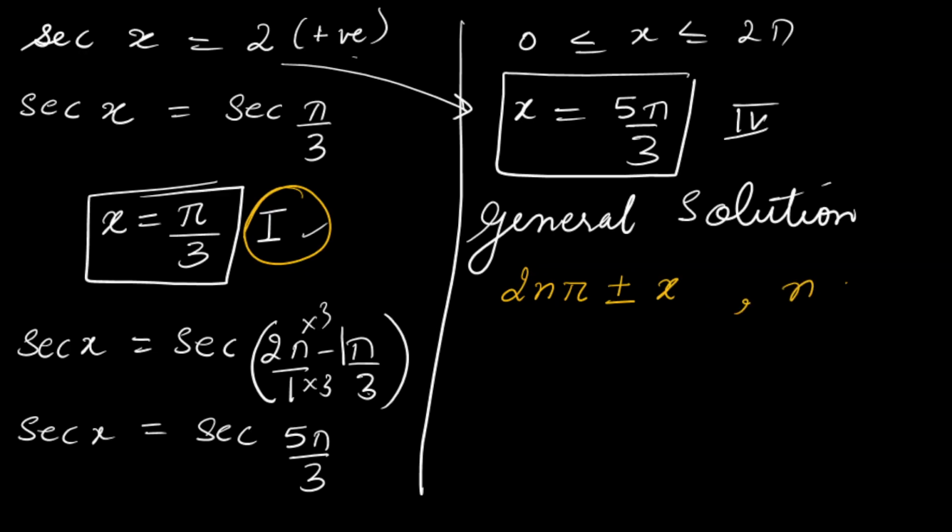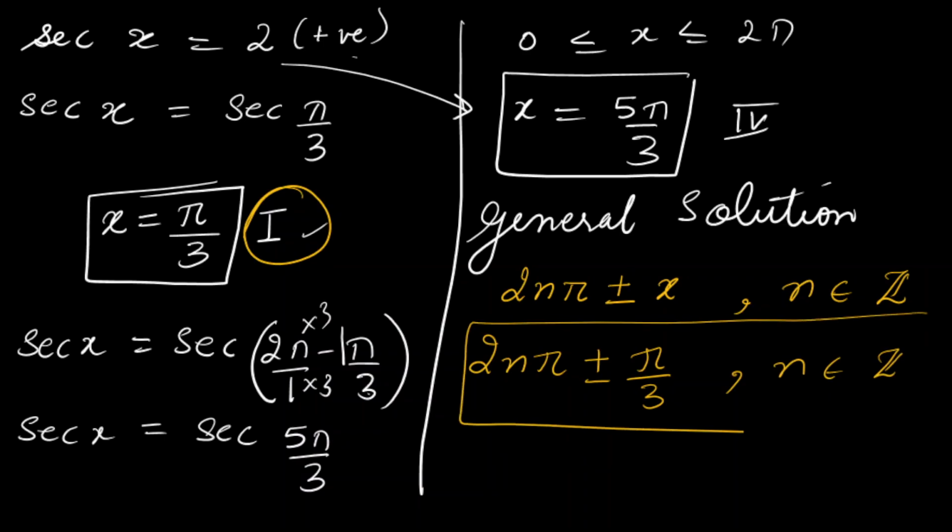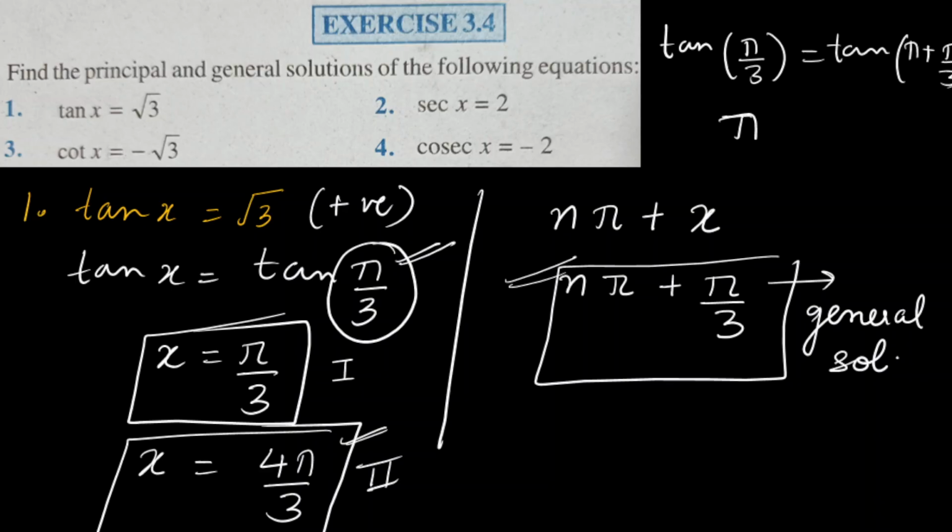Here you can write n belongs to integers, that also you can mention. So 2n pi plus minus pi by 3 is the general solution, and n belongs to integers. When you are writing the general solution, the x which we found for the first quadrant, that only you have to write. Let's do the next question now.